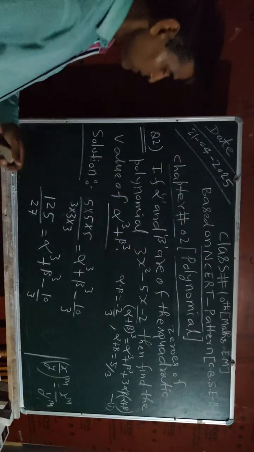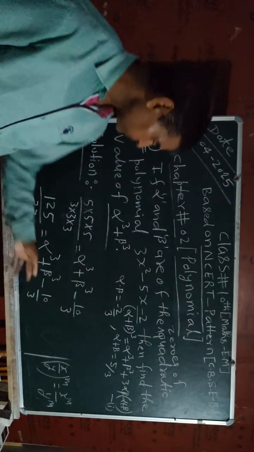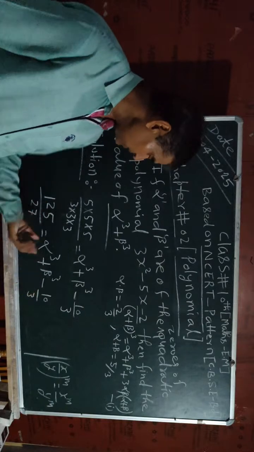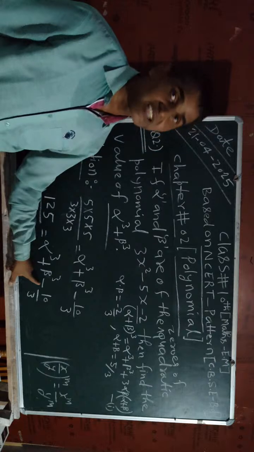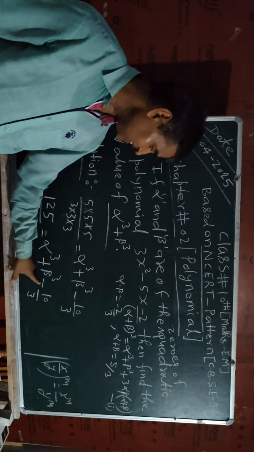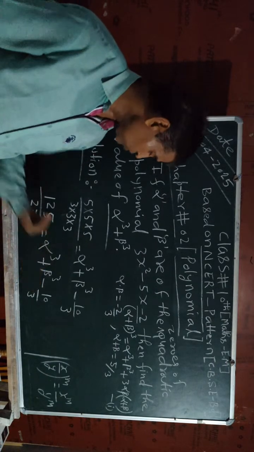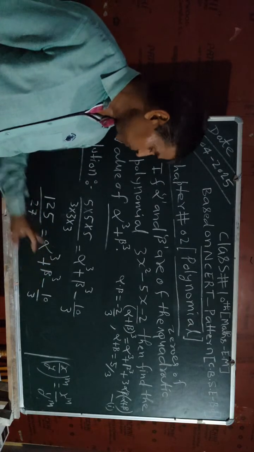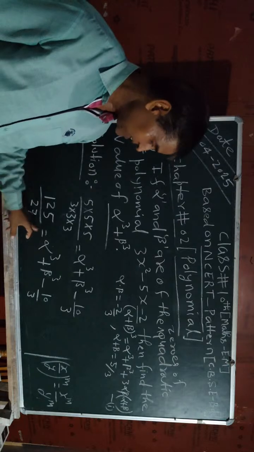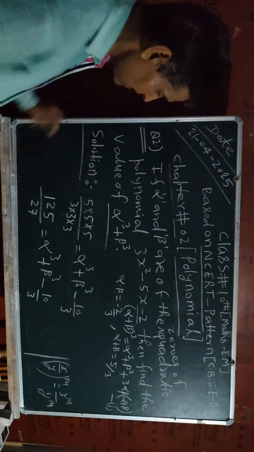Okay, student. Now in the next step, this term I will bring to the left hand side, so it will change its sign. Here the sign is minus, it will go to the left hand side, so it will change its sign and be plus in the left hand side. So I can simplify it like this.